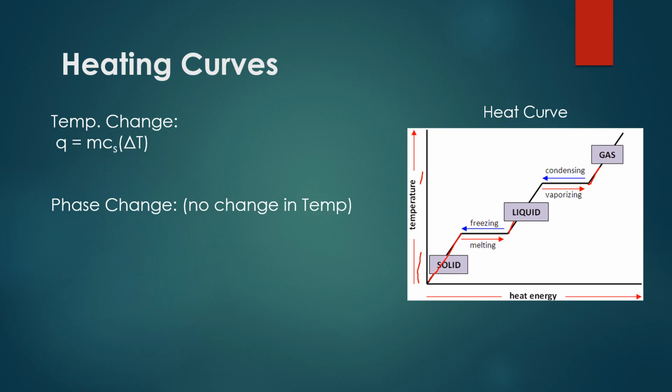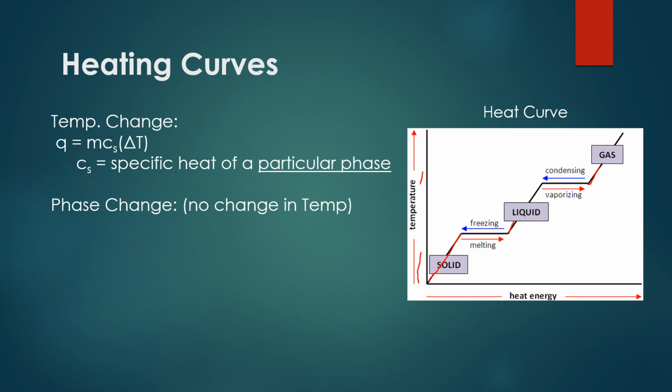So when we have a temperature change, if we wanted to calculate that stage of the heating curve, we're going to use the original equation for heat that we've already looked at, the mcΔT equation. In this equation, we will be given the mass, the specific heat you will find in a table, and you want to make sure that that specific heat correlates to a particular phase. Because if you look at the specific heat table, for instance with water, they have more than one specific heat for water.